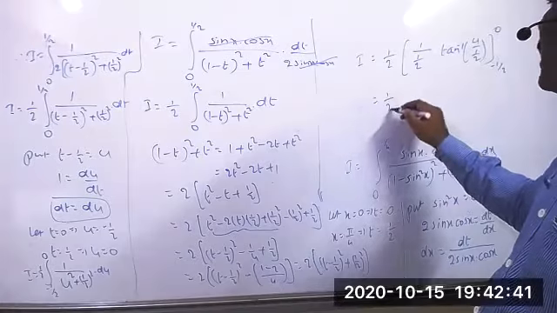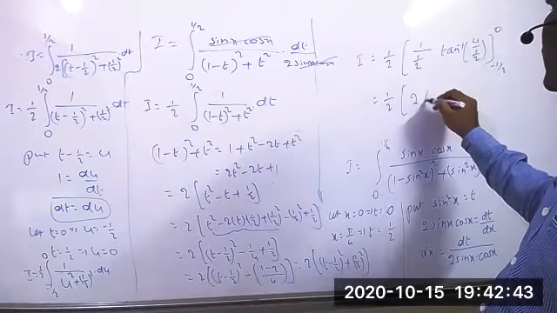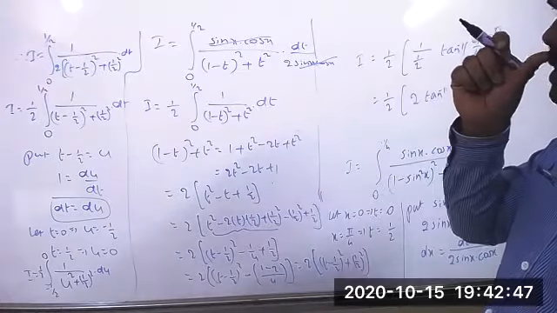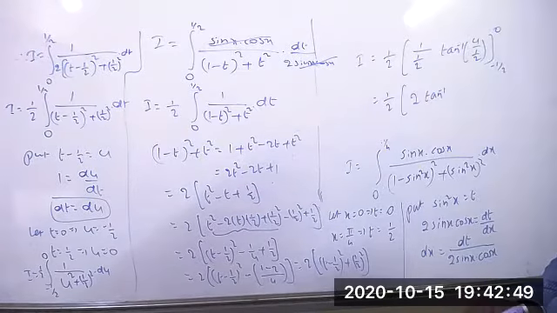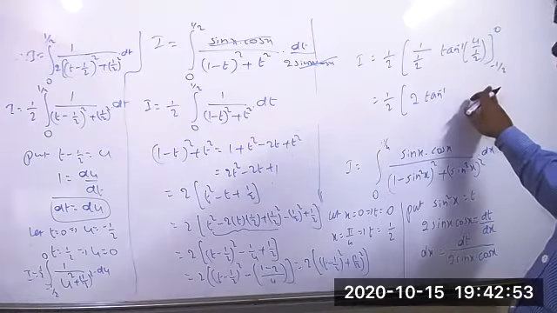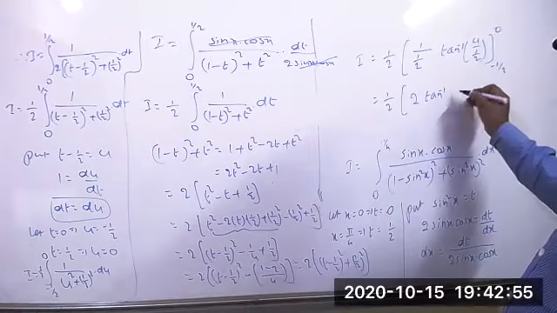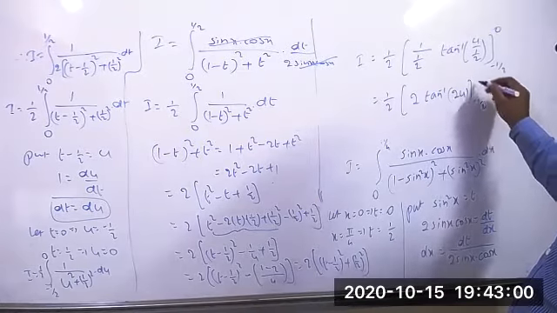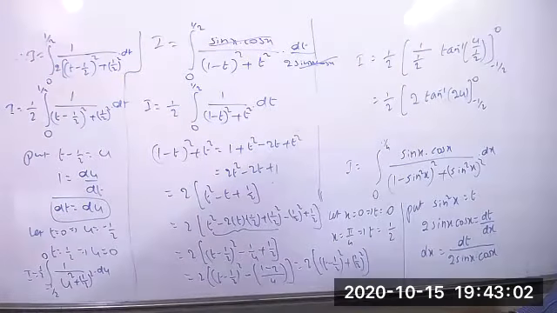Now we can write 1 by 2 into the reciprocal, 2 into tan inverse of 2u. We are taking the substitution t minus 1 by 2, or else you can write it as it is, because anyhow we are changing the value. So it becomes 2u, with limits minus 1 by 2 to 0. So now we can substitute.